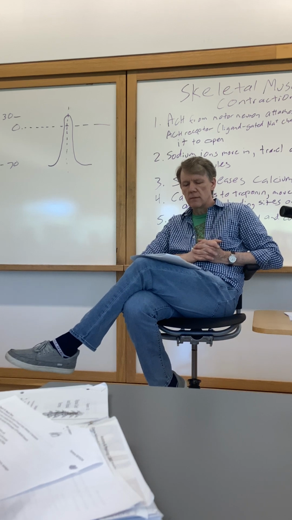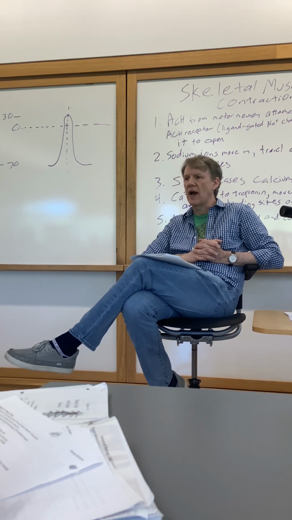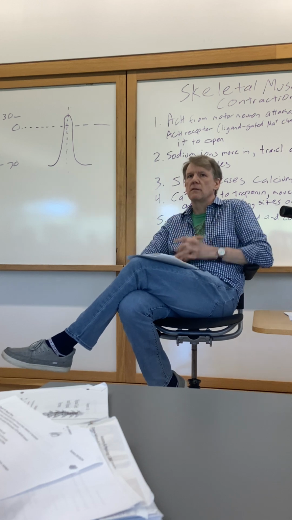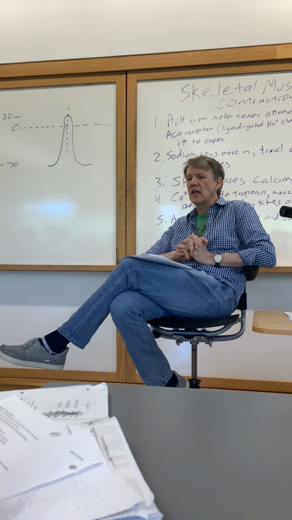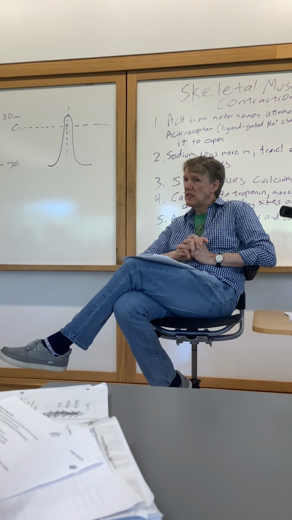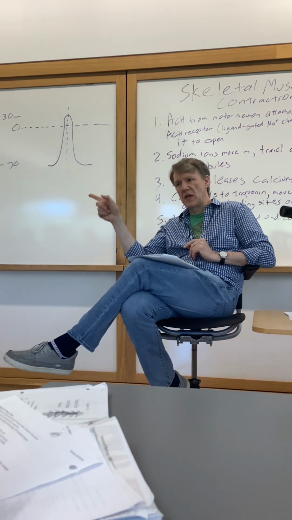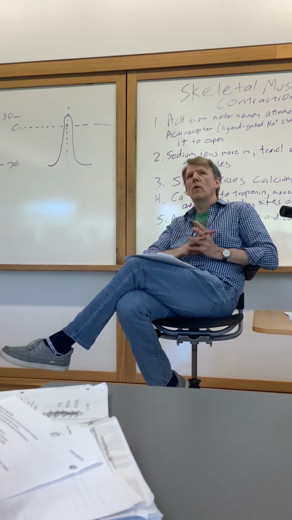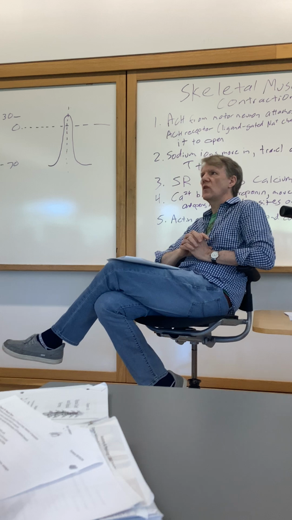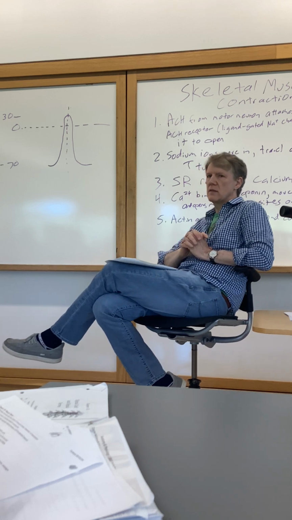Projection tracts. What are projection tracts? Well, first of all, what's a tract? It's a bundle of axons in the CNS. What's it called if you're in the PNS? That's a nerve, right? So tracts are bundles of axons in the central nervous system. What's a projection tract?